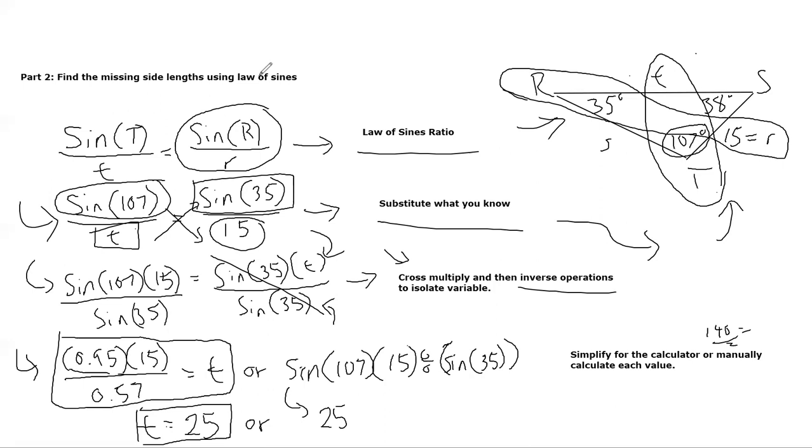You have to do it in that order. You have to convert sine of whatever degree into a decimal, then multiply that decimal by whatever it was multiplying, and then, with that answer, do the division at the end. You basically have to put in everything for the calculator to solve individually. The calculator cannot automate it for you. If you did everything right, you should get t is equal to 25 on your iPhone.